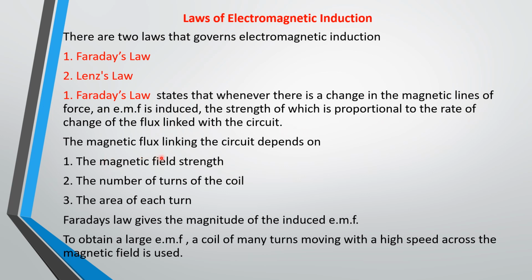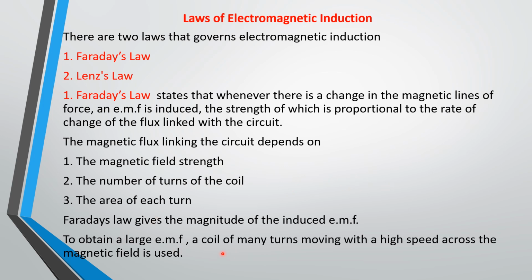So the magnetic flux linking the circuit depends on the magnetic field strength, same thing we have discussed before, the number of turns of the coil, and the area of each turn, which is the area of the coil. Okay, so Faraday's law gives the magnitude of the induced EMF.